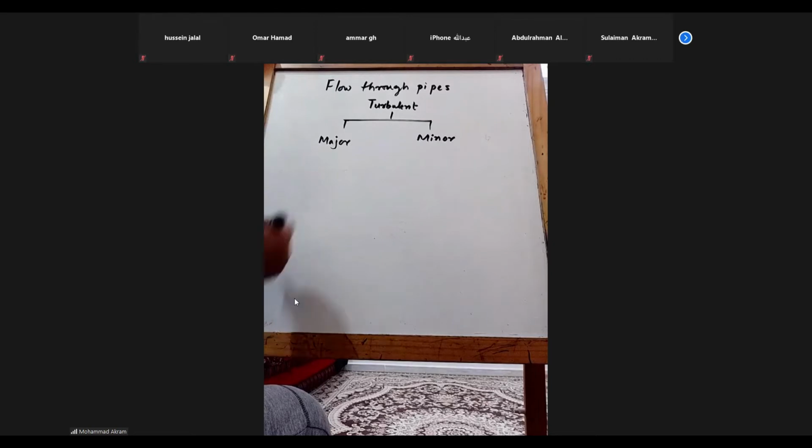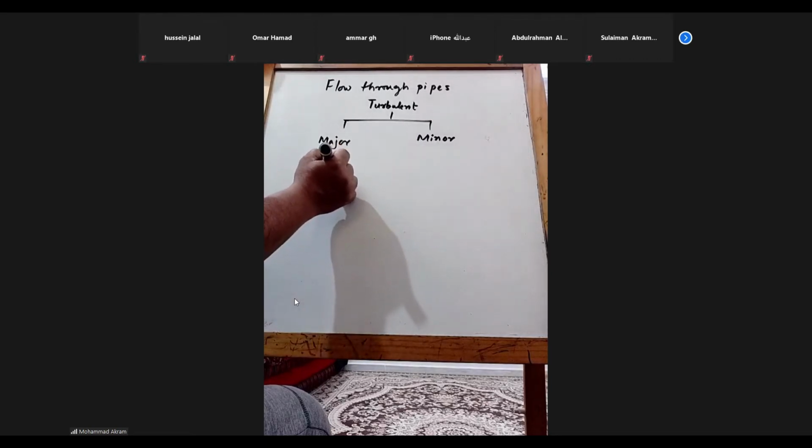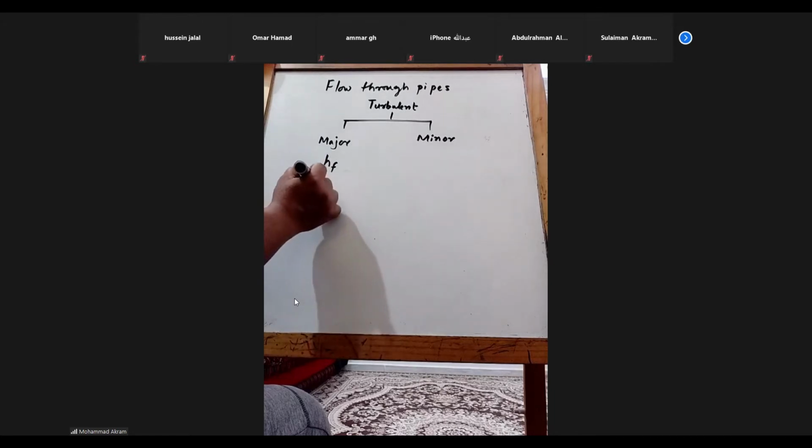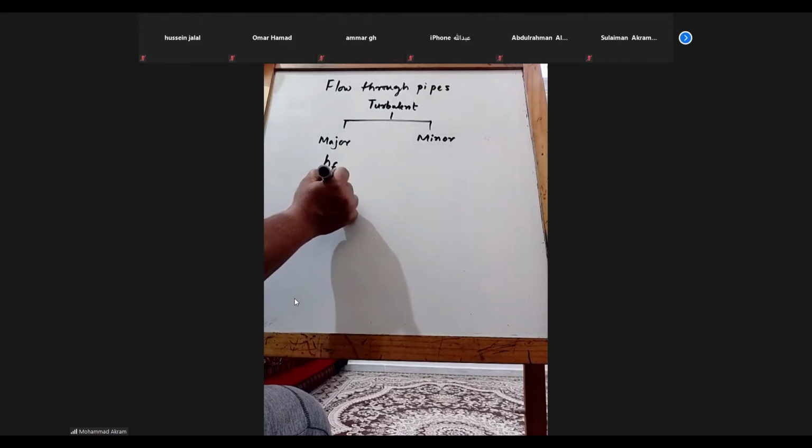Okay, major loss is HF, that is head loss due to friction. We know this HF is 4FL V square over 2G.